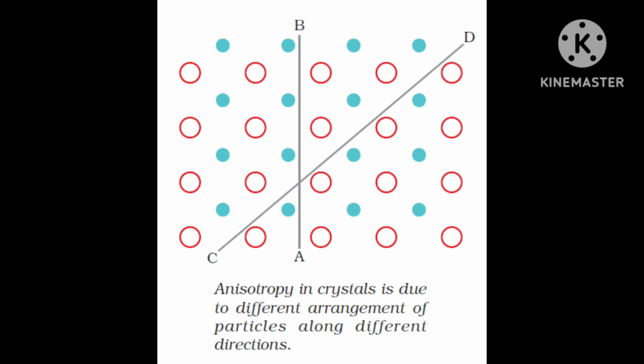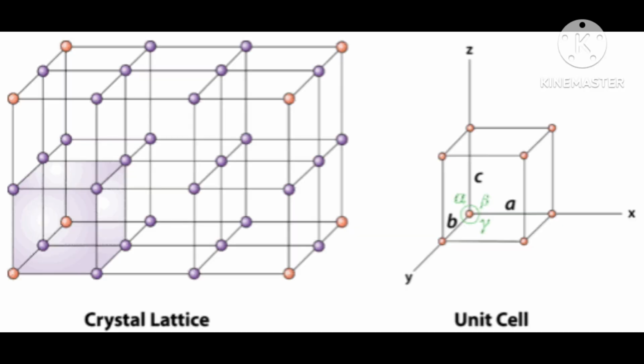Every crystal has a different structure. How will you come to know what type of structure is there? If you join all the atoms by straight lines, then you will find that this type of shape is there. These are the three characteristics of the lattice.